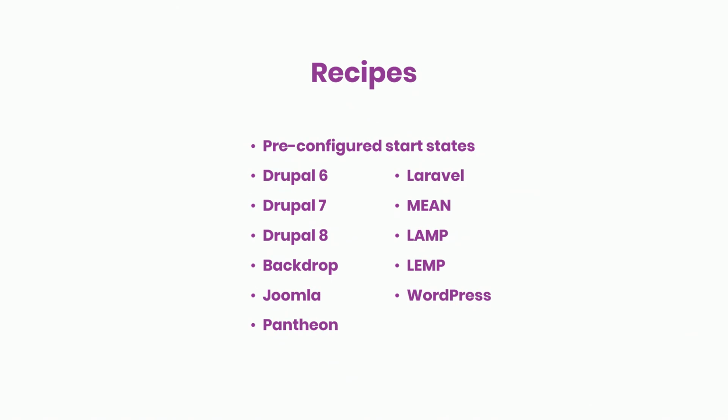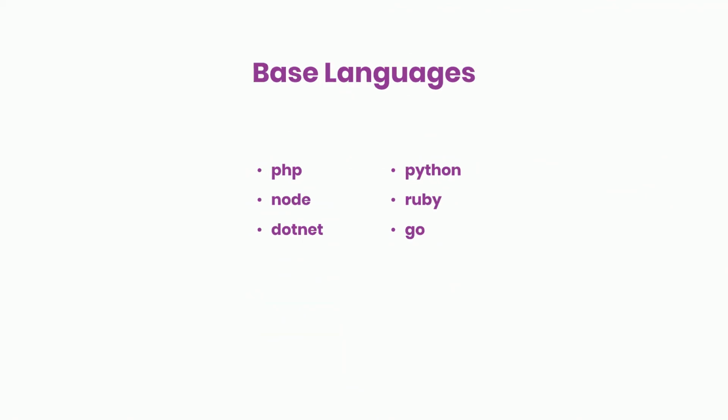It essentially builds the right versions of everything you're going to need based on these various tools or frameworks that you want to use. You can also roll your own and set up various base languages. These are the ones that are supported by default: PHP, Node, .NET, Python, Ruby, Go.